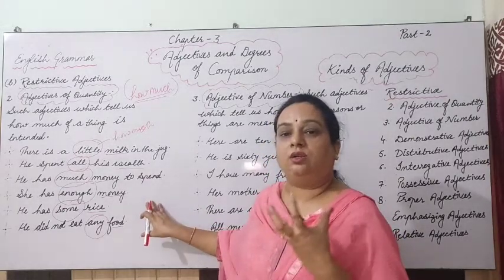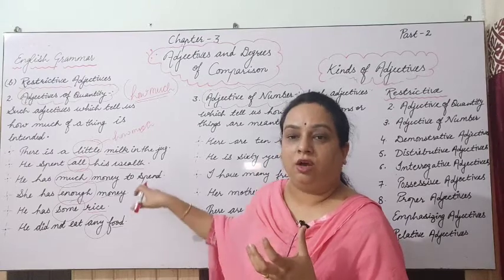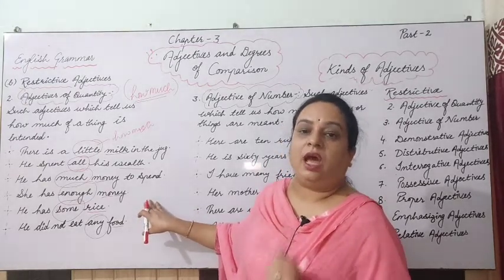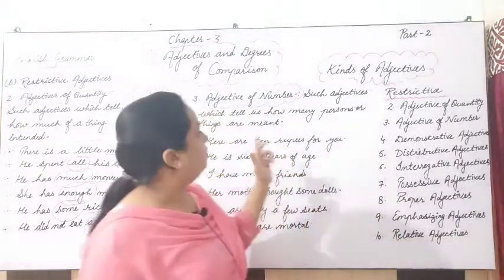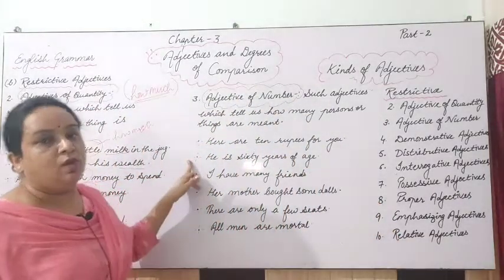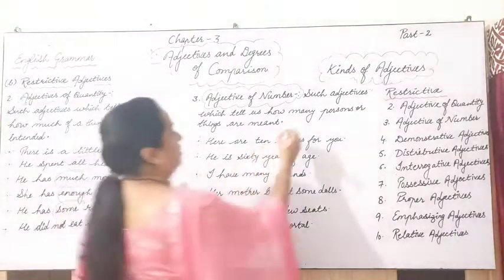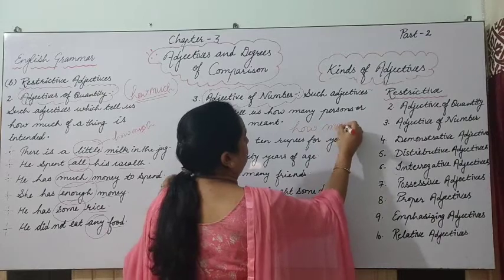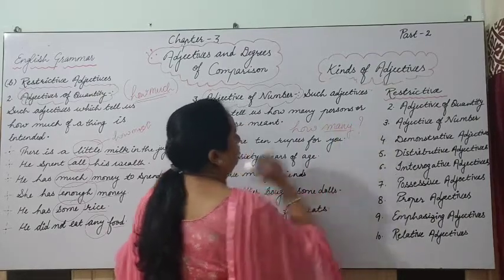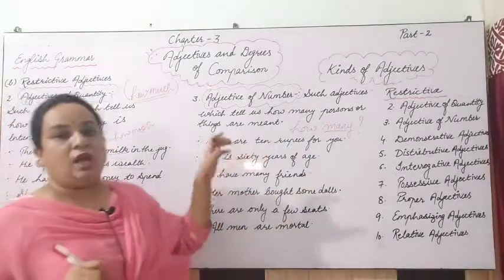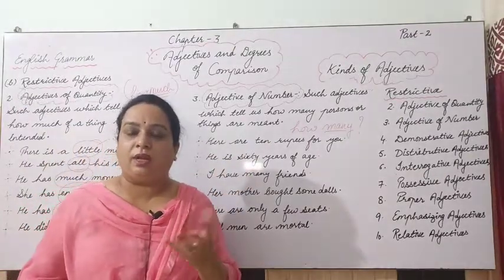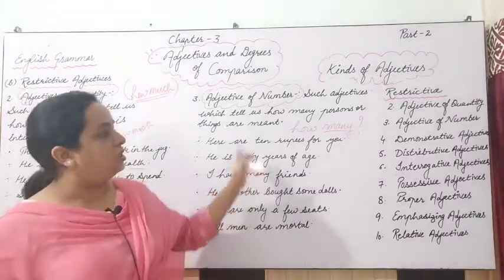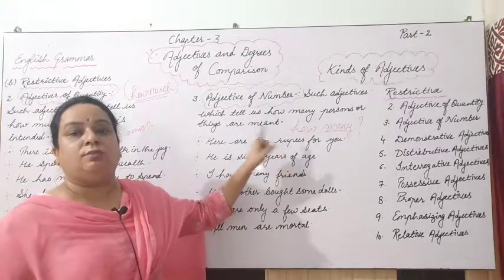When we ask how much of something, we have to use uncountable nouns, and when we have to count the number, for adjective of number, we use the expression "how many." The answer may be few, it may be little, but actually it is written with countable nouns.